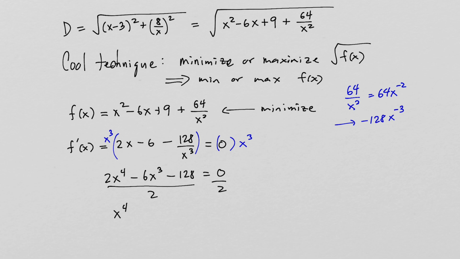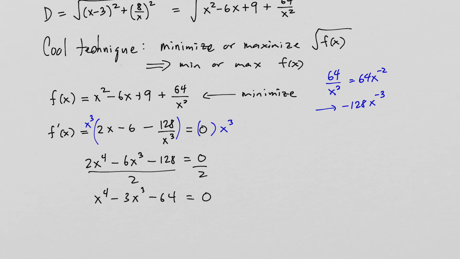So that will give us x to the fourth minus 3x cubed minus 64 is equal to 0. And now we have to solve this equation. And this equation is not necessarily easy to solve because it is a fourth degree equation. So there are techniques that you learn in algebra using synthetic division and things like that to find the solution here. In this case, I'm just going to point out that the solution is obviously x equals 4.